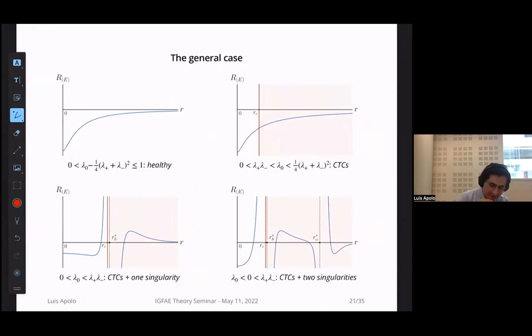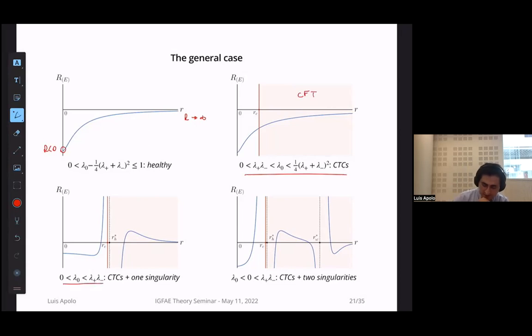So for the healthy case, again, you see deep in the IR, the curvature is negative, as we expect for the pure AdS3 background, and becomes flat at infinity. Then we can consider different choices of deformation parameters. For example, in this case, we have CTCs, but no curvature singularities.